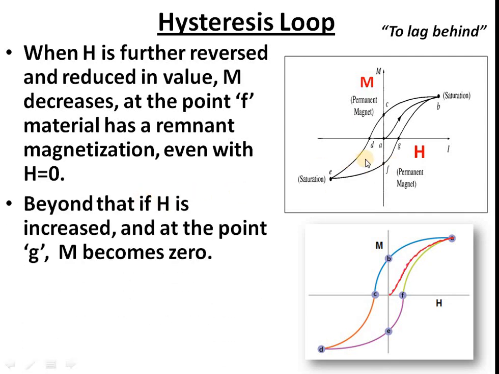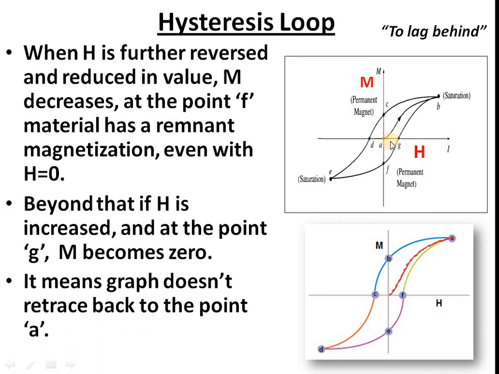Beyond that, if H is increased, what happens at the point G? At the point G, M is 0, but H is a non-zero value. So this again is the coercivity, in the positive direction. And you see, the graph has not come back to the origin at the point A. It is taking another path to B, and you get a closed path.